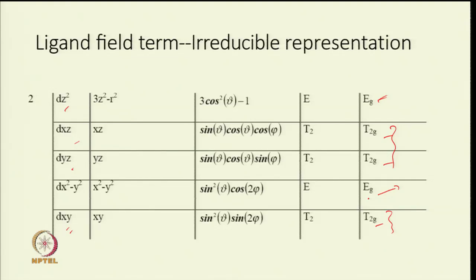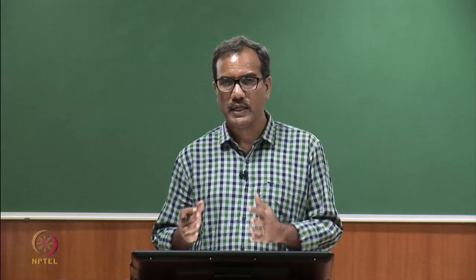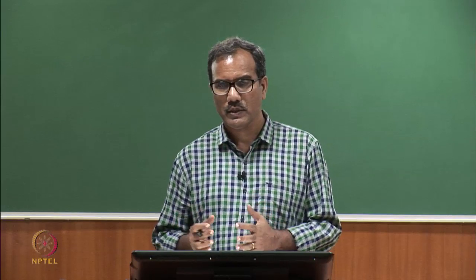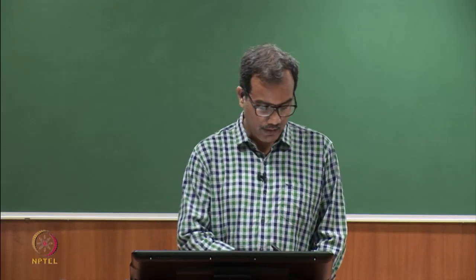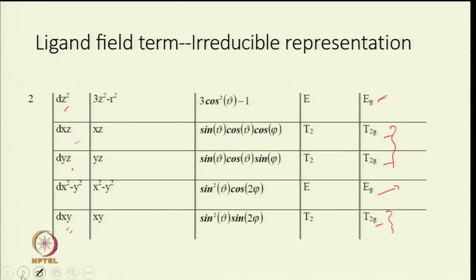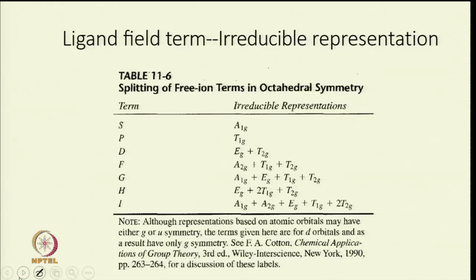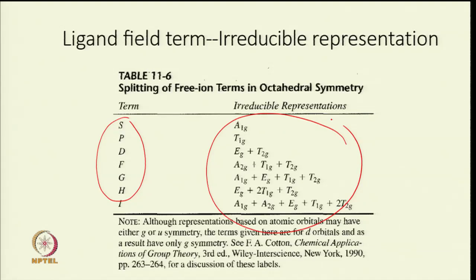So, this is the way you get the different term symbols for different orbitals. I will discuss this in much more detail later on if I get the time. So, here are different terms and their irreducible representations.